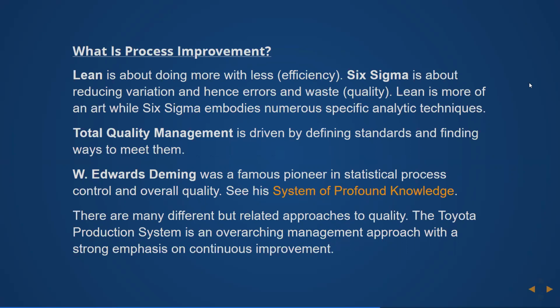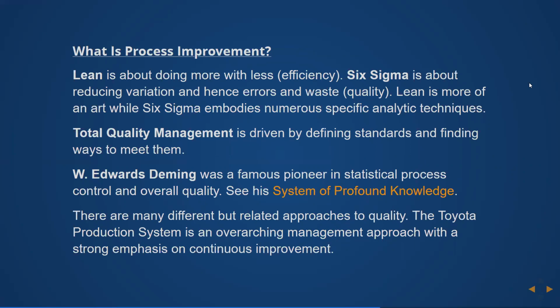And if you reduce variation, then you'll squeeze down your outcomes into a narrow range so that fewer and fewer of the outcomes will be outside the acceptable range, so that'll reduce the errors and waste.